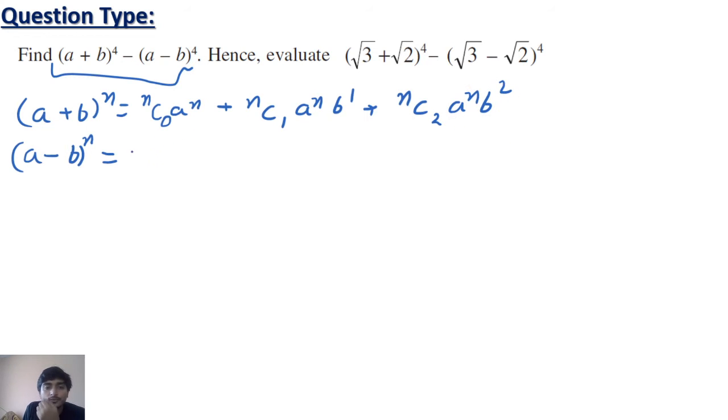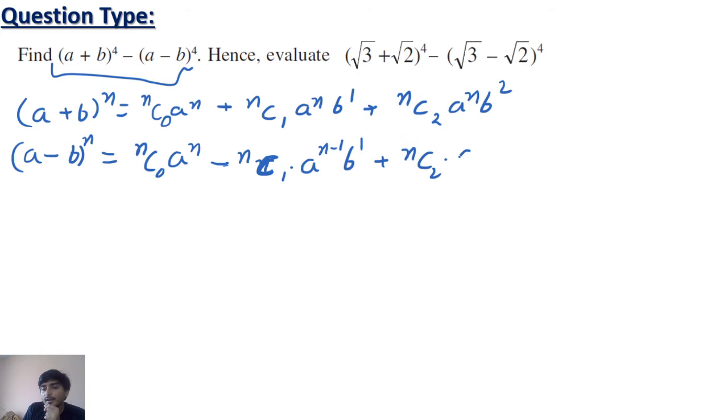Also this will become nC0 a to the power n, but this term will become minus nC1 into a to the power n-1 into b to the power 1, then plus nC2 into b to the power 2, then again minus, then plus, plus. Like that it will keep on going, right or wrong?